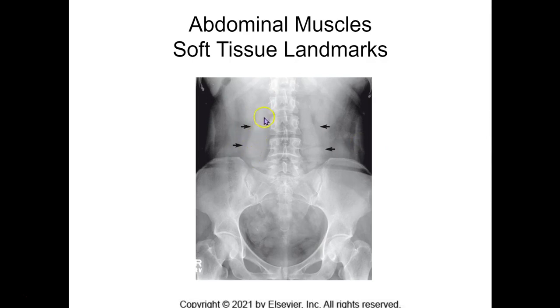This band here would be your right psoas muscle, and this would be your left. And again, depending on the size of your patient and the contents of their intestines, you should be able to see the psoas muscles on most patients. And we'll take a look at examples in lab.